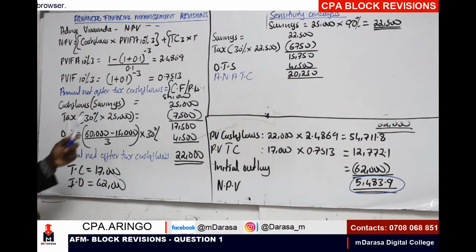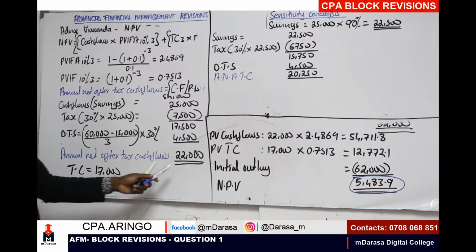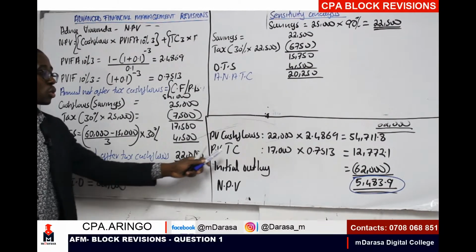So once I have that, remember initially this is what we had, 22,000. So what are we going to have here?